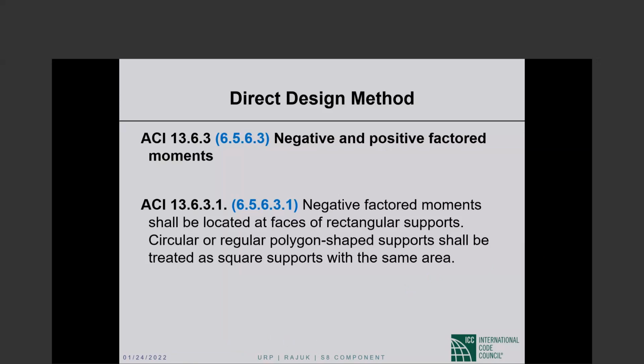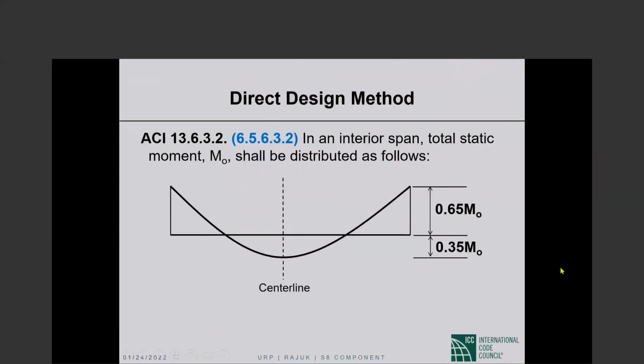We are talking about distribution of m sub 0 to negative and positive moment sections. So negative factored moments shall be located at faces of rectangular supports. If it is another shaped support, then you will come up with an equivalent rectangle as shown previously.